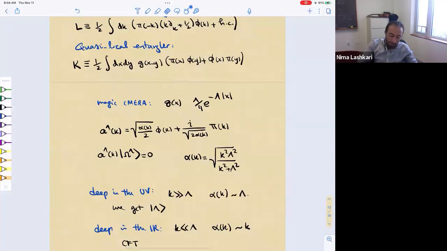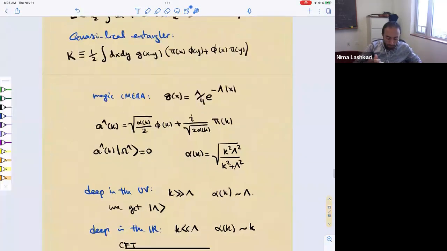So what you do is suppress the UV modes, so you give this profile. These disentanglers or entanglers entangle with some sort of a profile, right? In MERA, what we had was that these were entangling just adjacent nearest neighbors. Here, there is some sort of width for their entanglement.